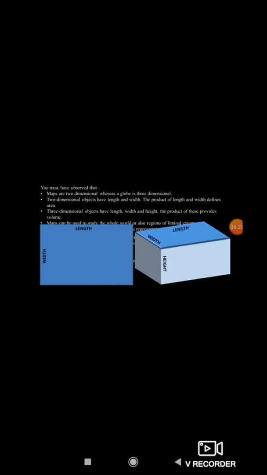For three-dimensional objects, the product of length, width and height defines volume. Maps can be used to study the whole world or a region, whereas a small or a large globe is only a representative model of the earth. Understood the difference? Okay. Now let's move further.